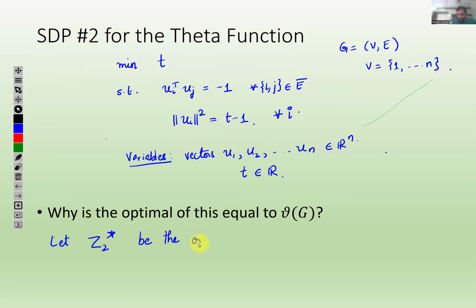Let Z2 star be the optimal of the above optimization problem, and what we want to show is that Z2 star is equal to theta of G.